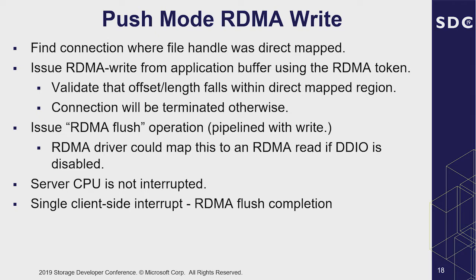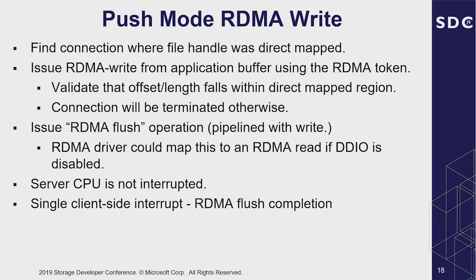And write is exactly the similar thing, except that you issue the RDMA write, and then after that, you might have to issue a flush, depending on what kind of semantics the application might want. Maybe it's a case where an application does a write and then a flush. But assuming it wants to flush every write, you have to issue an RDMA flush operation after the write.